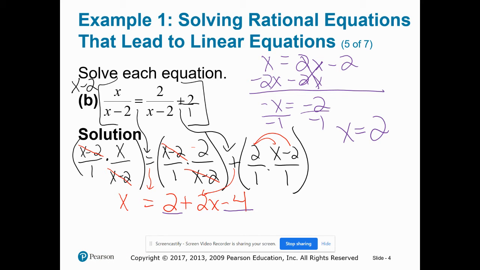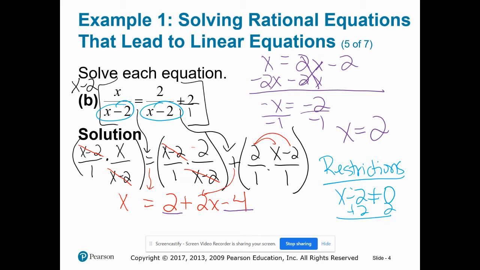Let's take a look at our restrictions. Our denominator is x minus 2, and they're the same, so I only need to solve it once. And I want x minus 2 to not be equal to 0. So I'm going to add 2 to both sides.